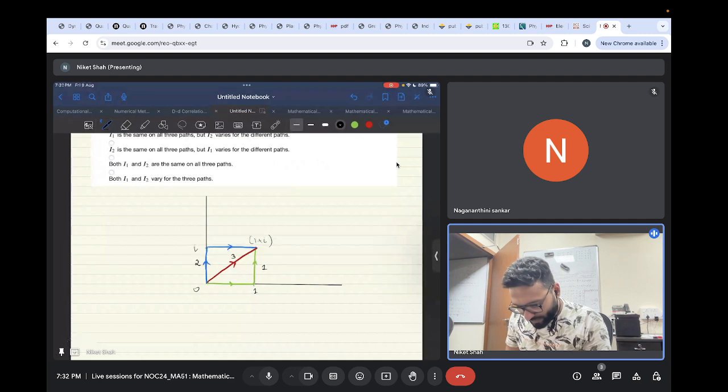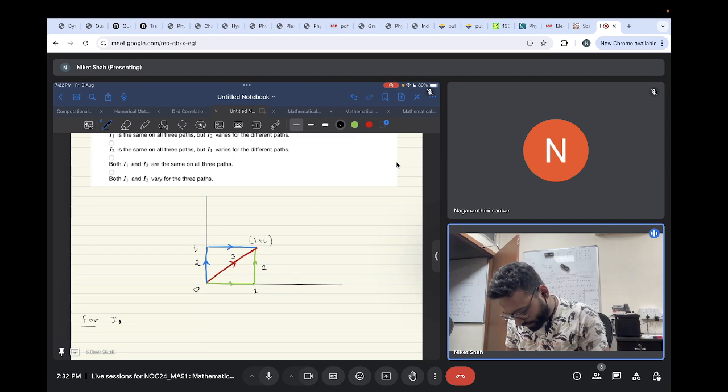So when I'm following path 1, for I1, I'm doing it for I1 only, along path 1.